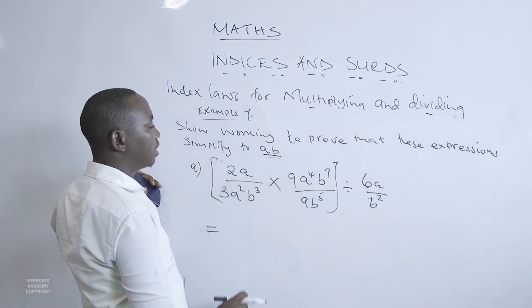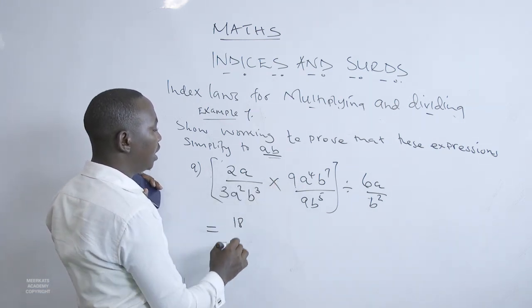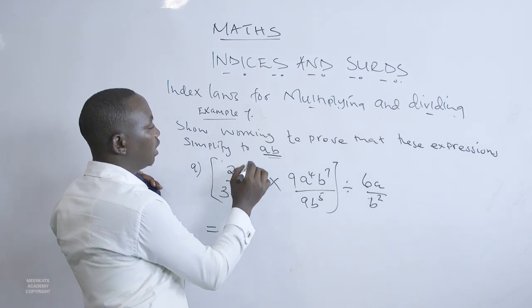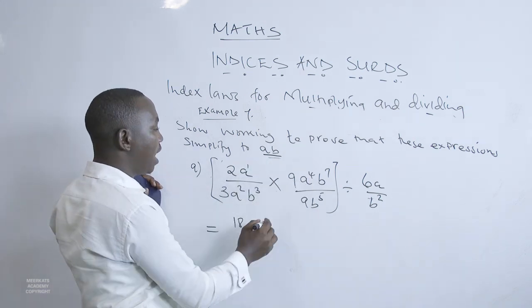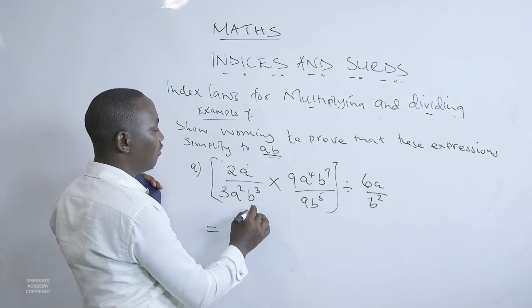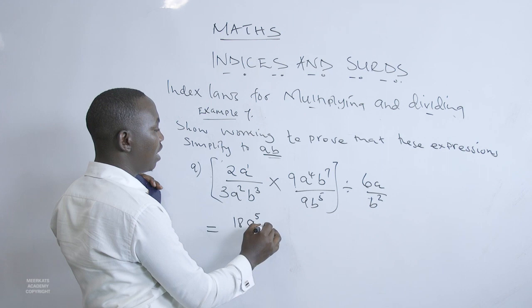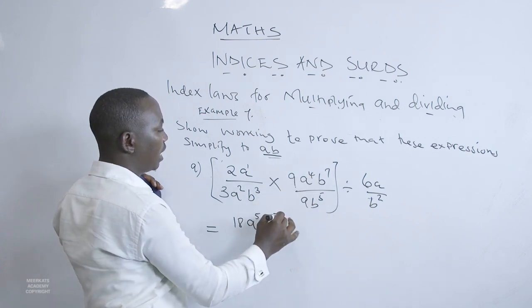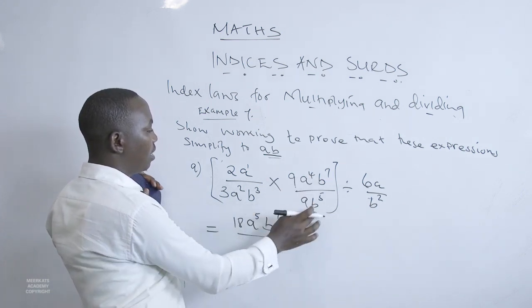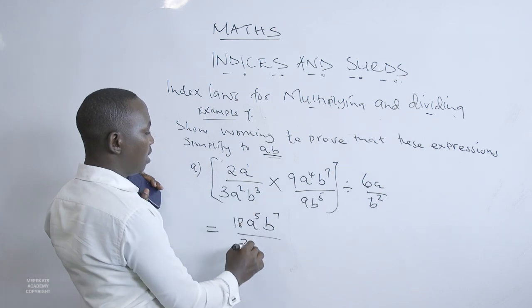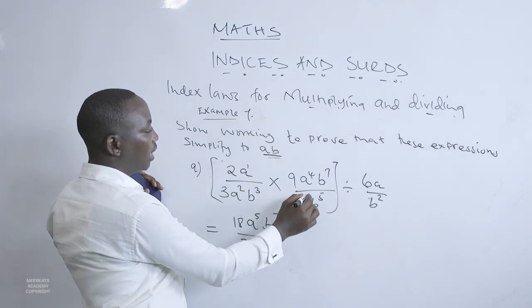So this 2 times 9 shall give us 18. A raised to 1 multiplied by a raised to 4. We shall add the powers, 1 plus 4, which shall give us 5. Then we have b raised to 7 over 3, a raised to 2, a raised to 1.